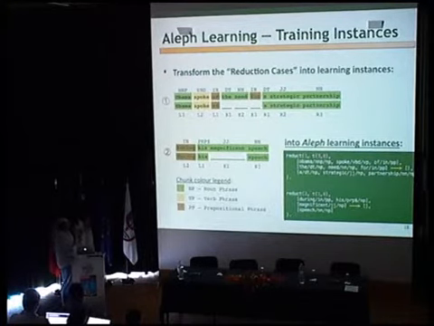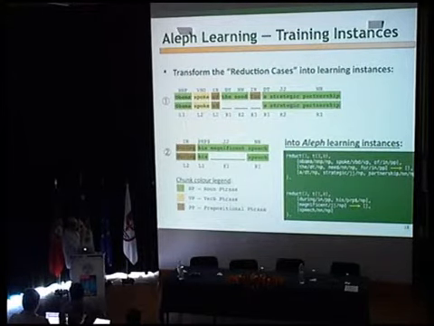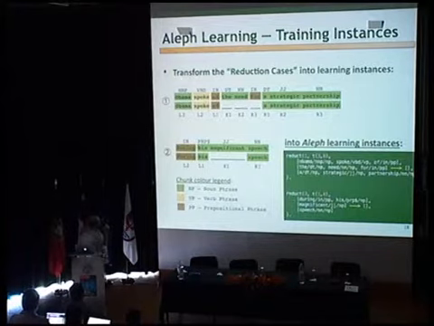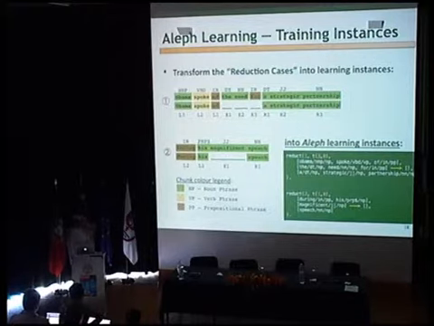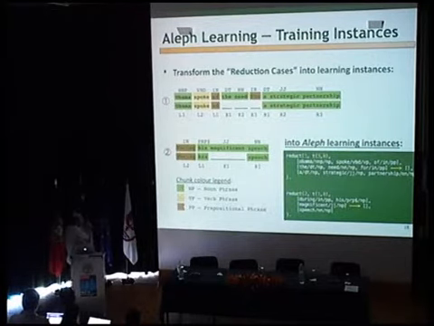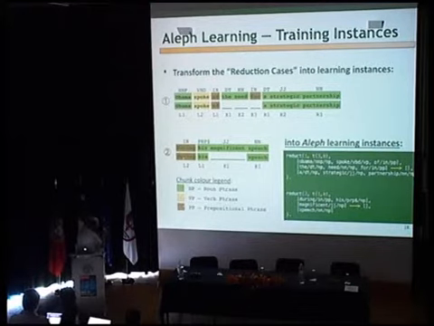We are using more syntactical features, the part-of-speech tag of each word, and we also applied a shallow parser, and here we have the chunk tags. The reduction case is divided into several chunks, and with colors you can see, for example, noun phrase marked in green, and prepositional phrase marked in red.